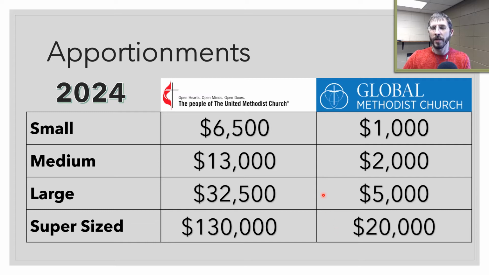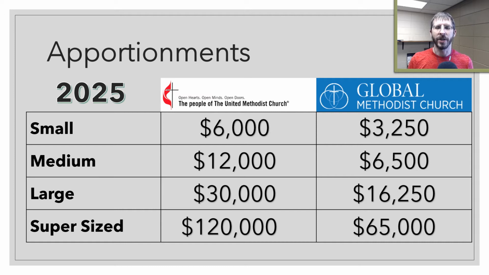For the Global Methodist, it's going to stay at 2% until they have their convening conference. At that time, there'll be an adjustment in the apportionment amount. The convening conference, I think, is going to happen in 2024, so the first time they have real apportionments without this cost recovery will be in 2025.